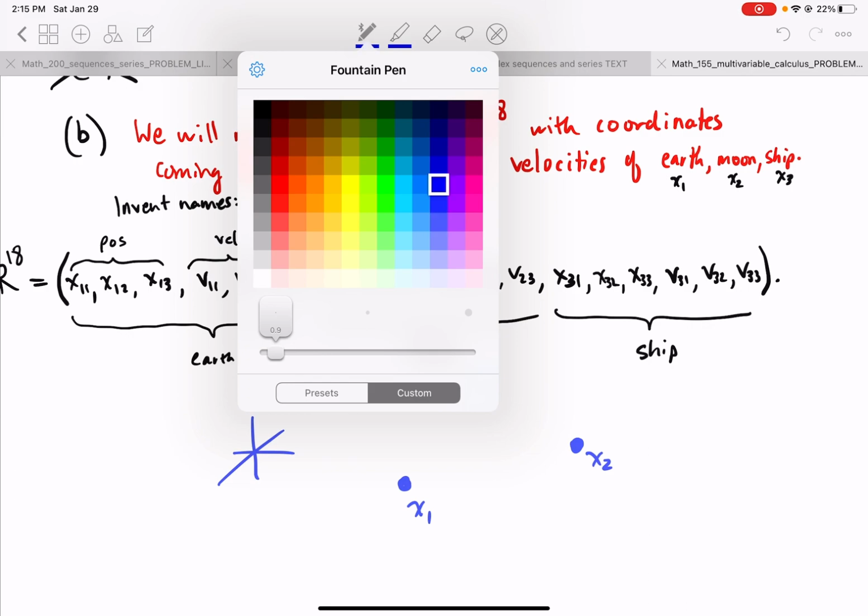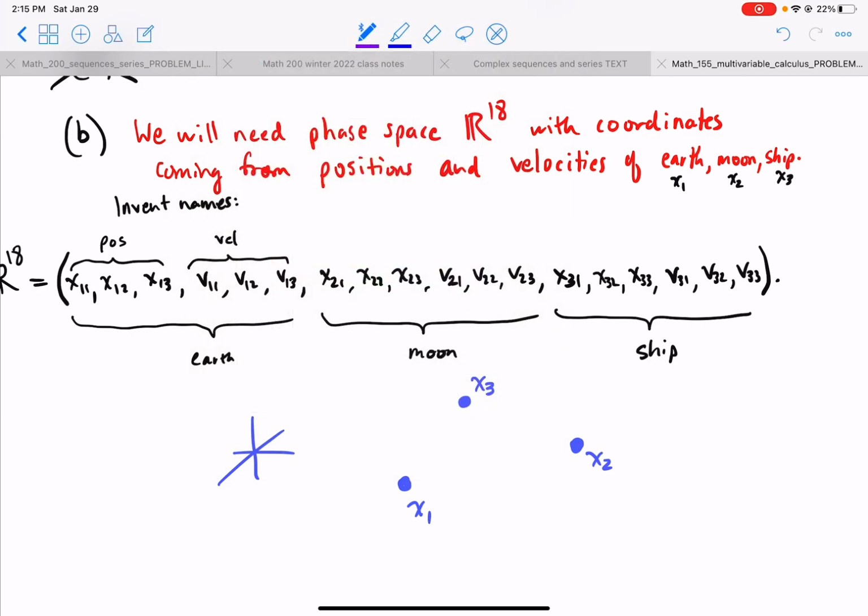However, the Earth has a certain velocity. The Earth is moving in some direction. The moon is moving in some other direction, and our spaceship is moving in yet another direction. And so those purple velocity vectors need also to have 3 numbers each, giving us 9 numbers right there for just the velocity vectors. But then the positions are also vectors. We can think of x1 as that vector, x3 is that vector, x2 is that vector. We need to know where they are. So that's why we have 3 of these.